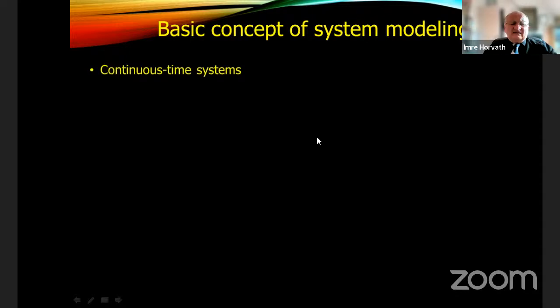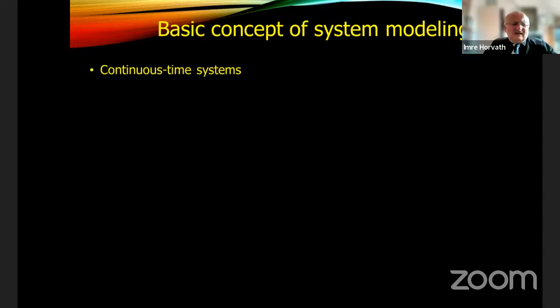Don't forget that systems can be very different, and their operational relationship with time gives a basic consideration for system modeling.